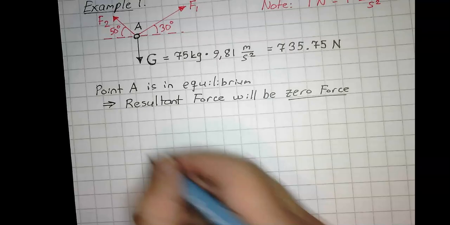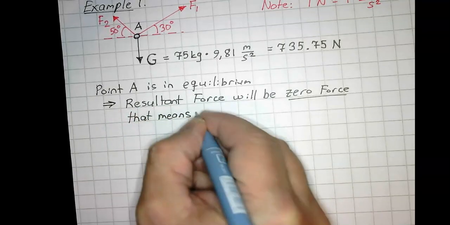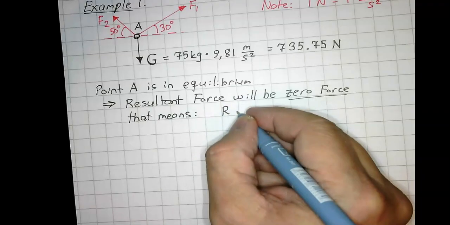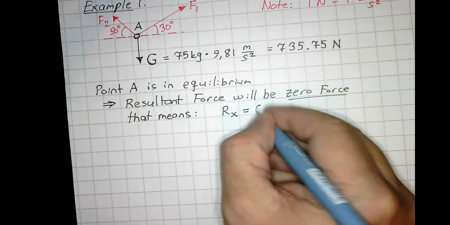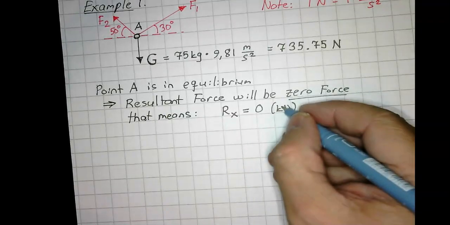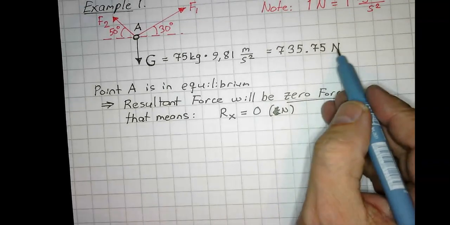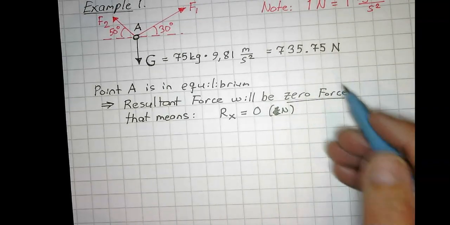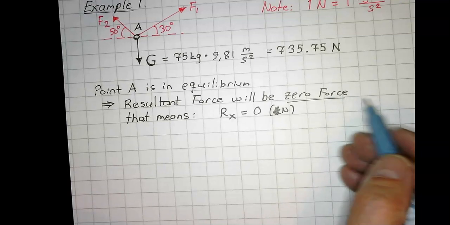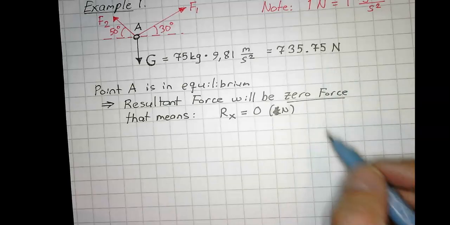And that means the resultant X component equals 0 newtons. Sorry, newtons, not kilonewtons. Of course, it can be also kilonewtons, but in this example I have the unit of newtons.